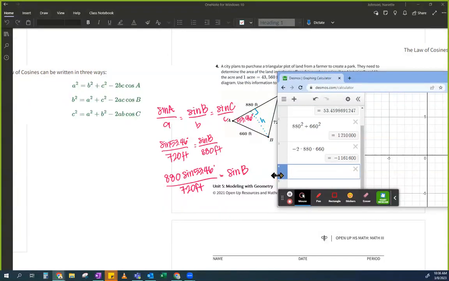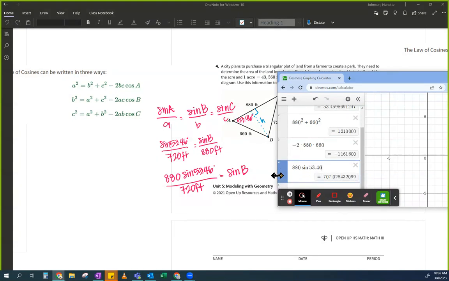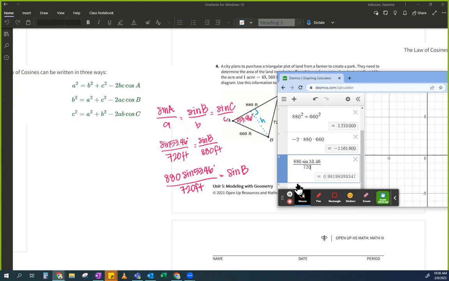All right. So then let me plug this in. Sine of 53.46, divided by, do you want divided by the whole thing? You say yes. Is 720.